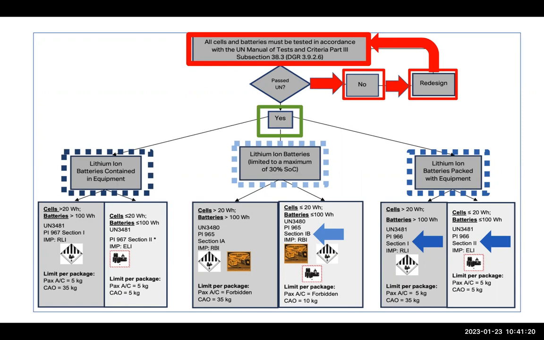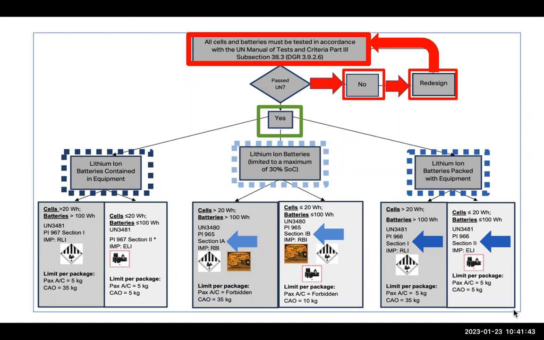That takes us to section 1A, and under section 1A, cells which qualify to be shipped are those with watt-hour rating greater than 20 watt-hour rating. And if you're shipping batteries, they are greater than 100 watt-hour rating. The UN number is 3480.